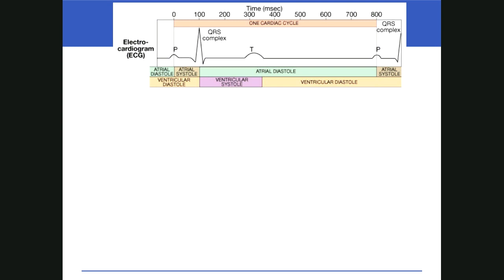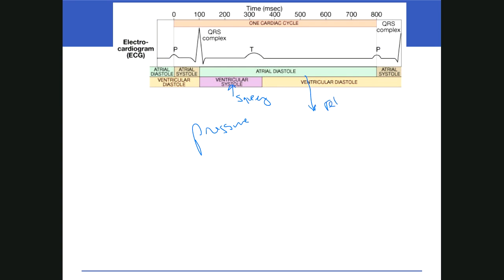Okay, so the next part of it is what it's going to show are pressures. And so we would expect pressure to go up during systole, because remember, that's squeezing, that's contracting. And we would expect pressure to go down during diastole, because that's relaxation.